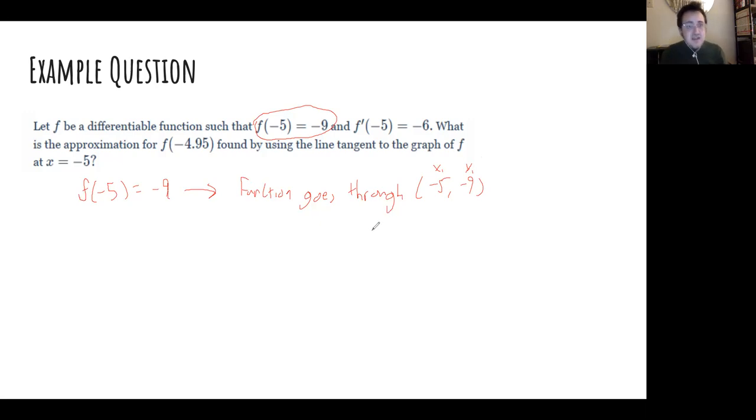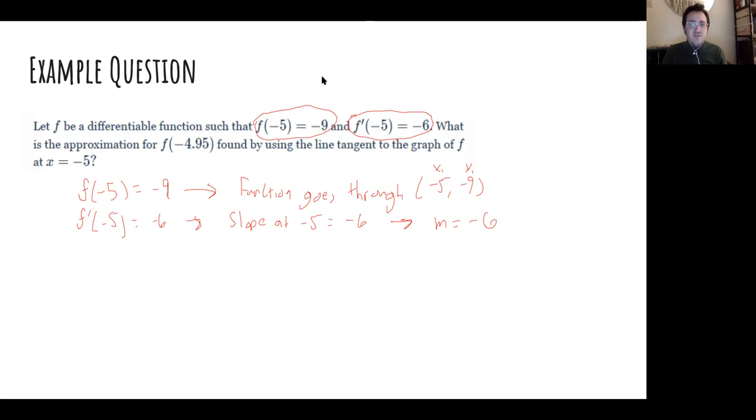The next thing is that they give you f prime of -5 equals -6. So this means that the slope at -5 equals -6. So we could say that m equals -6. So I've got m, and I've got x1 and y1.